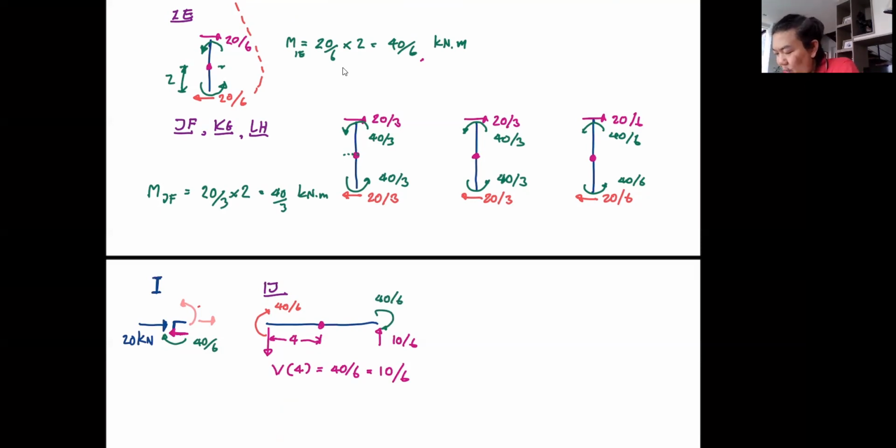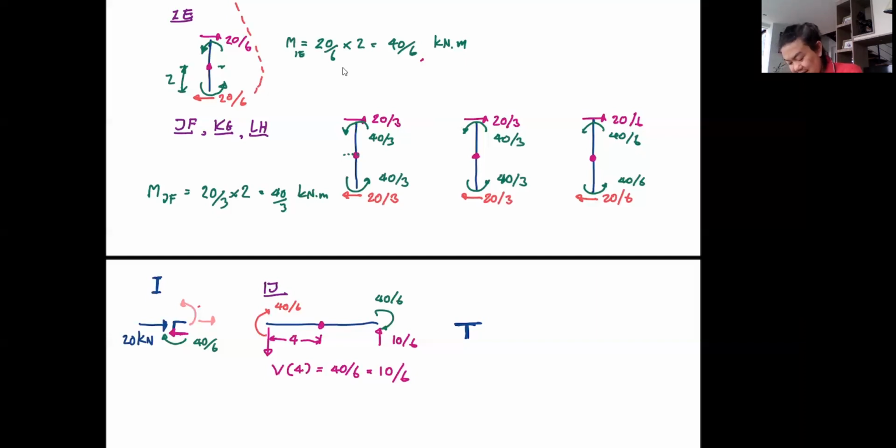And now it's going to get more hairy, but it's not different from what we've done in terms of equilibrium, because the next coming up is joint J, which is essentially something like this. I'm not dealing with the horizontal forces yet.